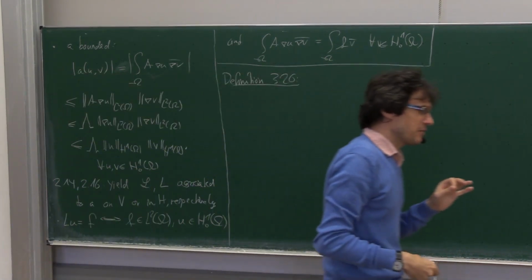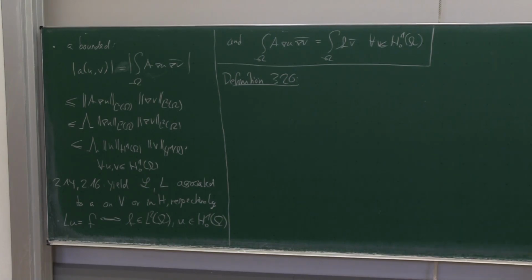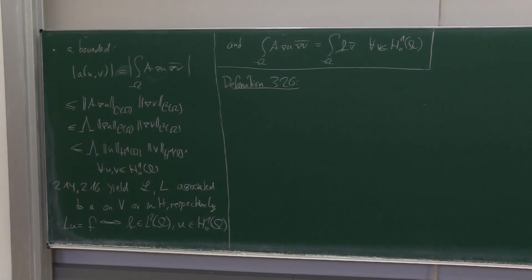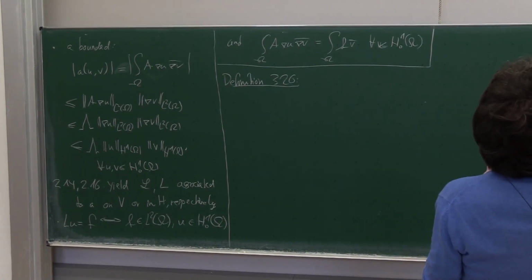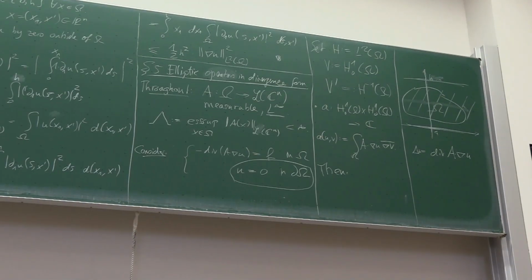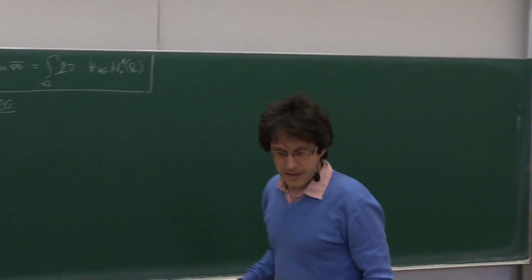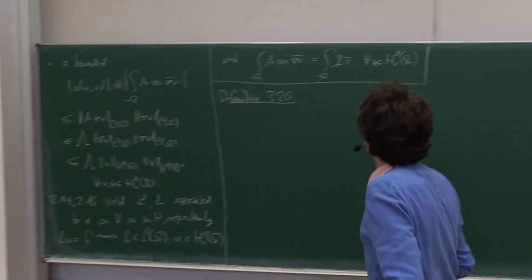It means that something must be positive. So a(u,u), the form applied twice to the same thing, must be something positive. For this to come out, what you need is some sort of positive definiteness of the matrix A. So you need that A gradient u gets something positive. And this is what we will call elliptic.